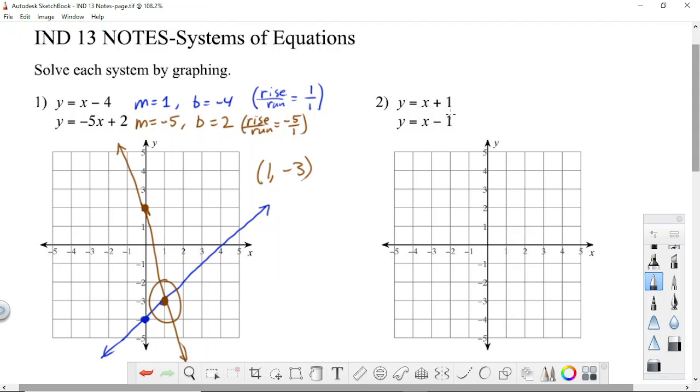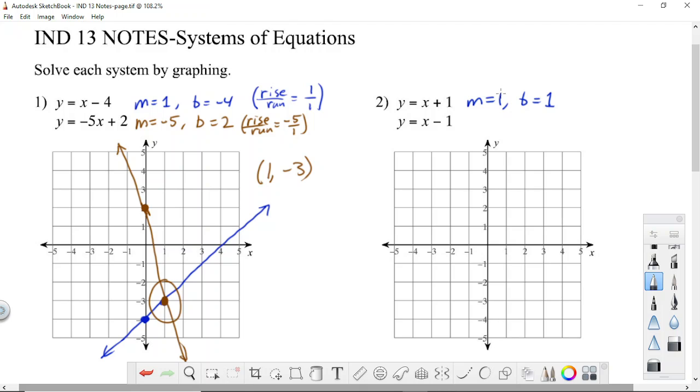So let's do a couple more of these. This next one is also in slope-intercept form. So look at the first line. The slope is 1. Okay, that's what's multiplied by x, right? The y-intercept is also 1.